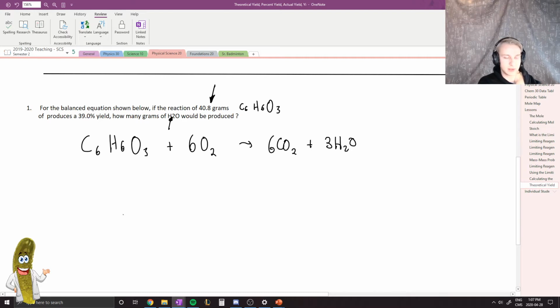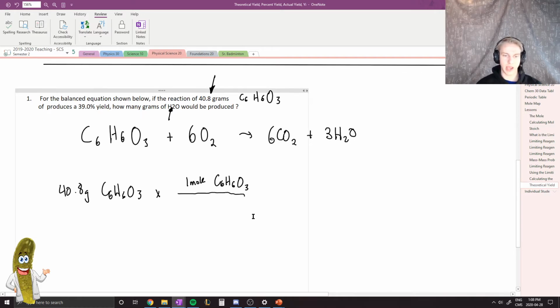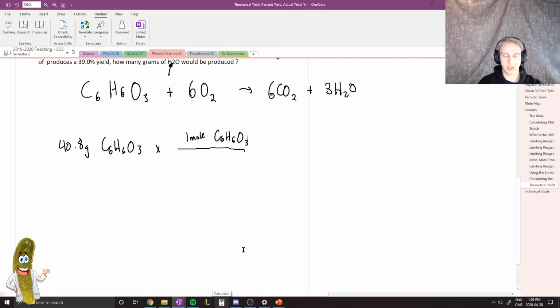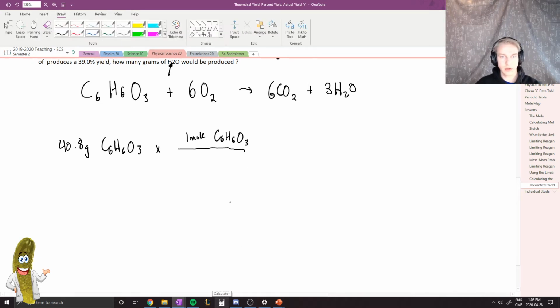So when we do this question, we're going to start with 40.8 grams of C6H6O3 times a sign line. And I know I'm going to convert that into moles of C6H6O3. The molar mass of that would be 12 times 6 plus 1 times 6 plus 16 times 6.